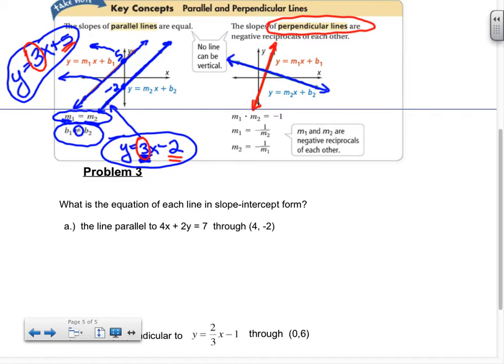So when you look at this little saying right here, when they say M1 and M2, the slope of both lines, it says are negative. Negative just means opposite. And if you look after the word negative, it says reciprocals of each other. So these two equations have to have slopes that are opposite, one positive, one negative, and reciprocals.